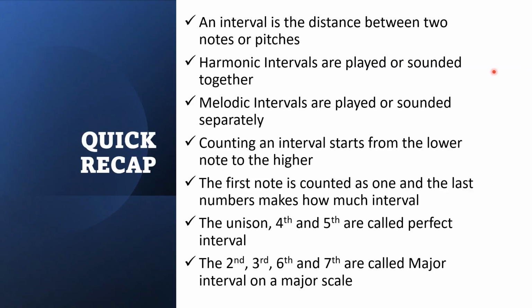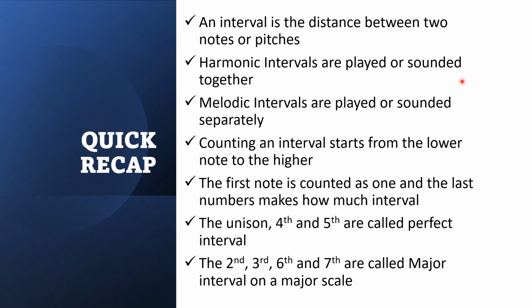And finally, let's just have a quick recap of what we've learned in this lesson. So we talked about the degree names. The first degree is the tonic, the second degree is the supertonic, the third degree is the mediant, the fourth degree is the subdominant, the fifth degree is the dominant, the sixth degree is the submediant, and the seventh degree is the leading note, and back to the first degree, which is the tonic, and that could be in an octave.